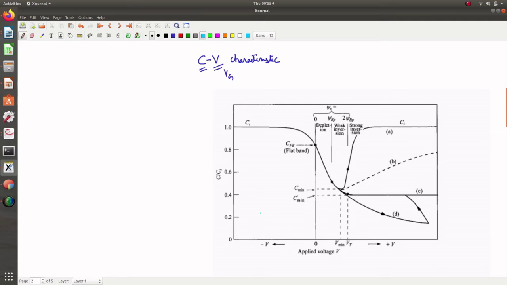When Vg is less than 0, this is the area. Initially we have the accumulation. Vg is less than 0 means accumulation.